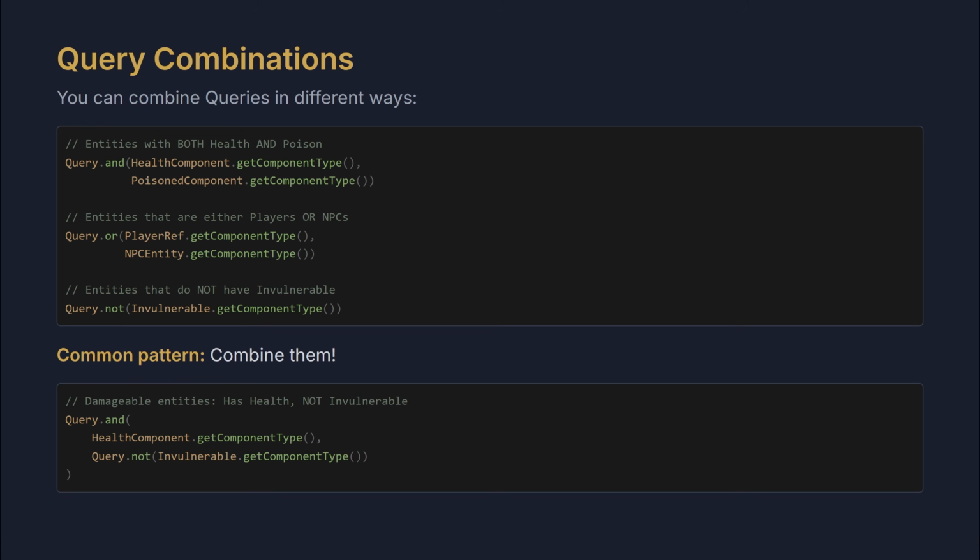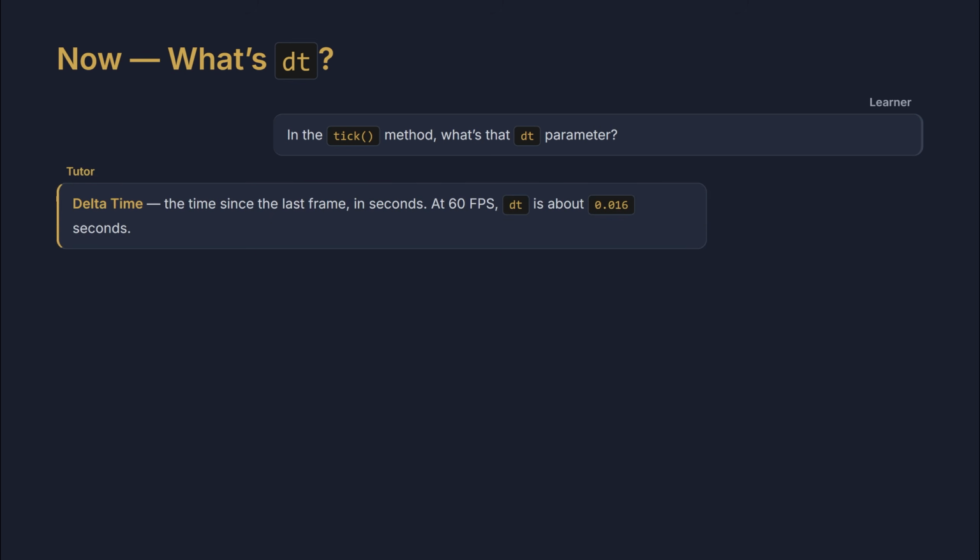But inside this tick method we saw earlier, there was a parameter called DT. In the tick method, what's that DT parameter? That stands for delta time, the time since the last frame in seconds. At 60 FPS, DT is about 0.016 seconds. So you might ask, and I asked that too, why do I need that?